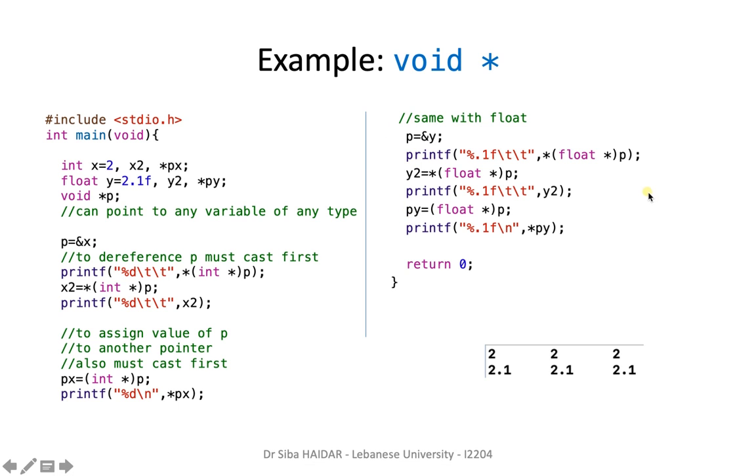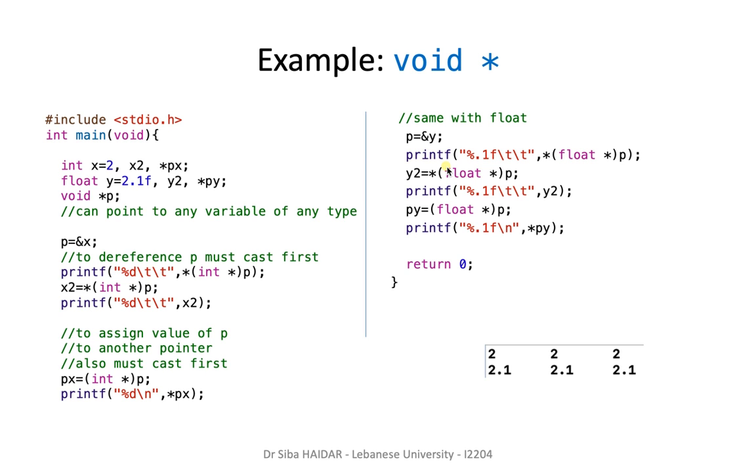I can dereference, etc. So the effect of this program is first 2, 2, 2 because I have printed 3 times, and another time 2.1, 2.1, 2.1, which will show you that by comparison to the beginning of the program, there is nothing wrong, and this is a powerful tool in your hands to use void pointers on one condition: to know how to cast it.